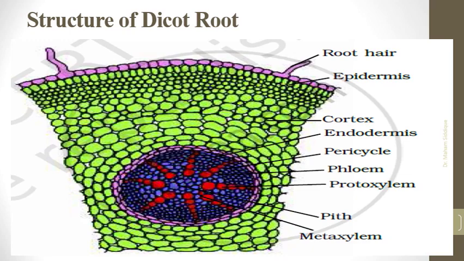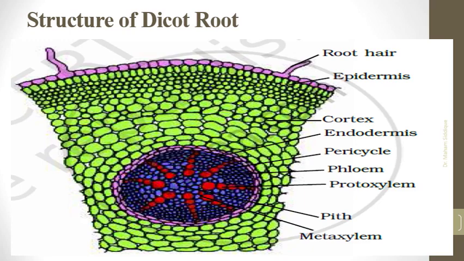Xylem has protoxylem towards the circumference, metaxylem towards the center, and again this arrangement is called exarch arrangement. Phloem with sieve tubes forms patches arranged alternate with the xylem as in the monocot root.